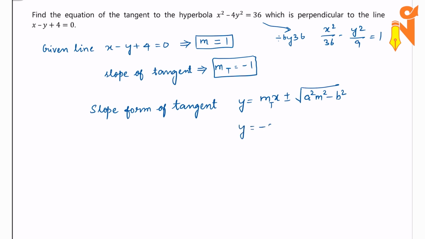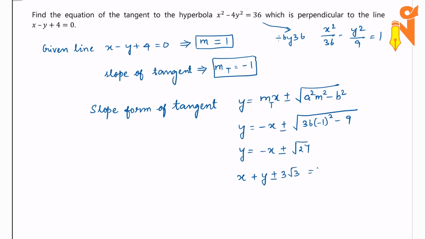So y = −x ± √(36 − 1² × 9), so y = −x ± √27. If you want to simplify it, x + y ± √27, which can be written as 3√3, is equal to 0.